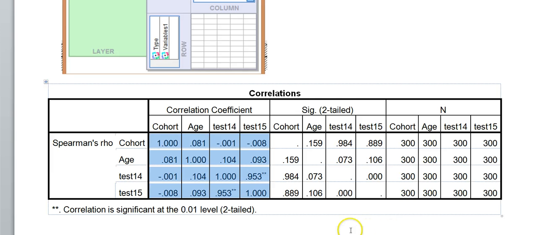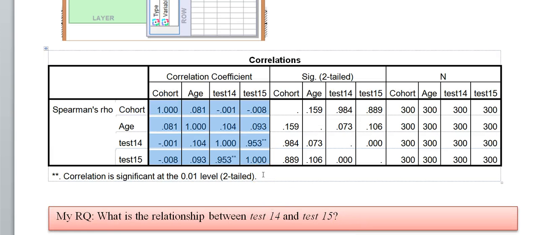Because that's the way you're going to have to set it up when you're doing your APA table.